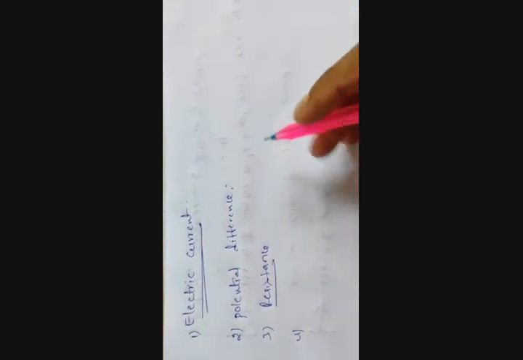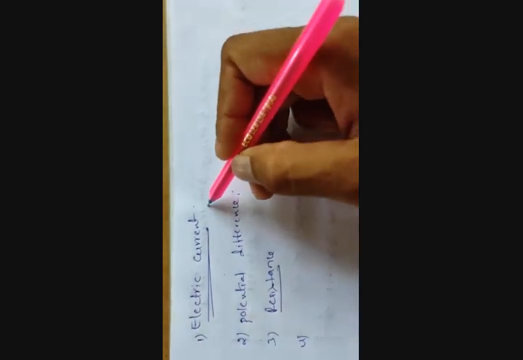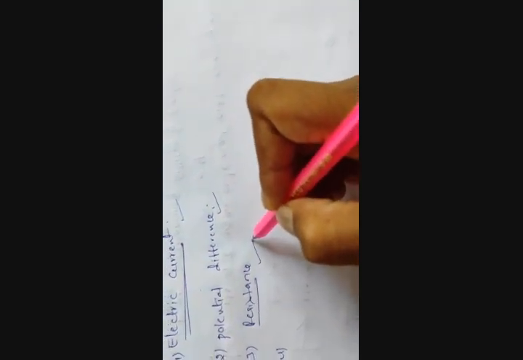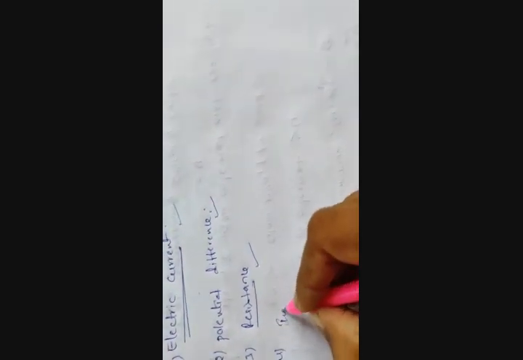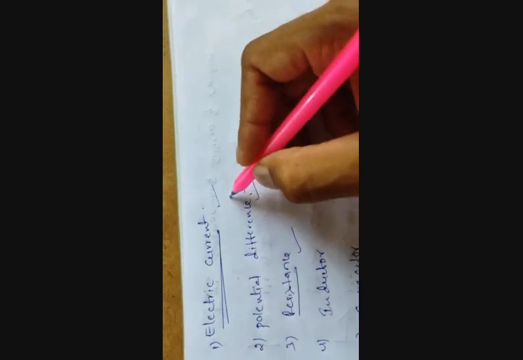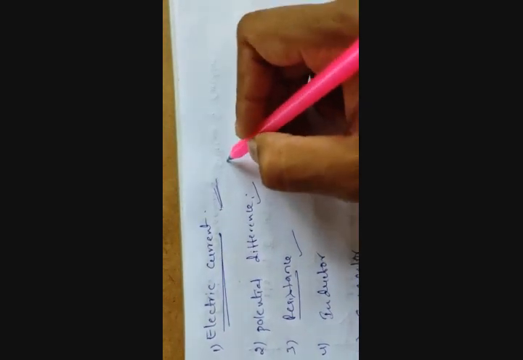And coming to the definitions of electric current, potential difference, resistance, inductor and capacitor, let us first discuss electric current.